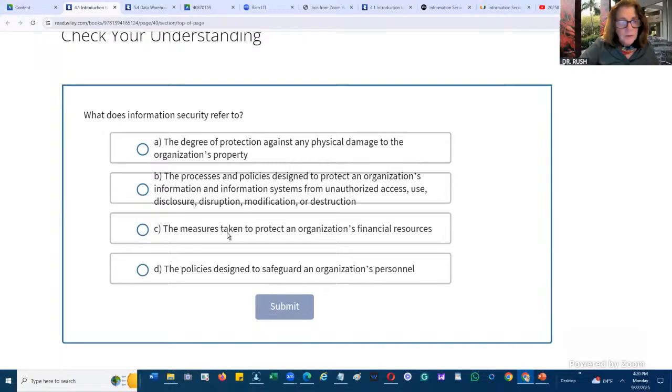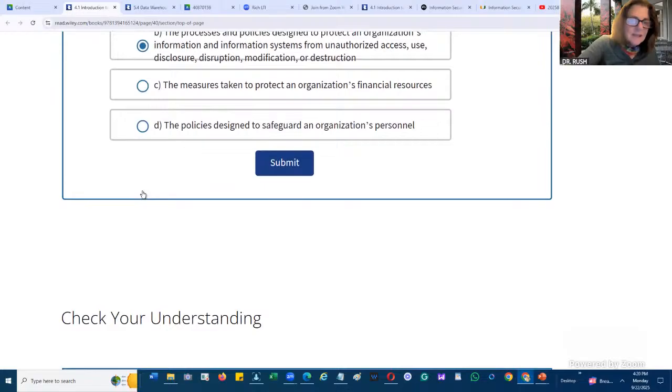C is the measures taken to protect an organization's financial resources, and D, policies designed to safeguard an organization's personnel. Which one do you think is for information security, Zach? I would say B. B, right? It's kind of a hint if I had to check and I didn't know: it's the longest, right? Besides that, it's talking about information sources, and I know I'm correct on that.